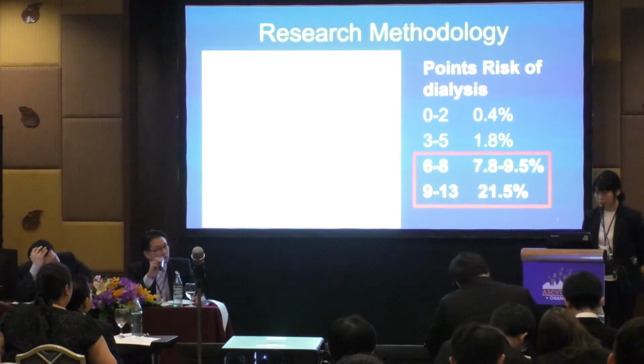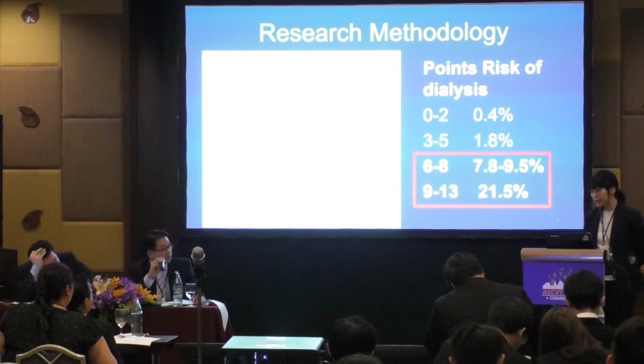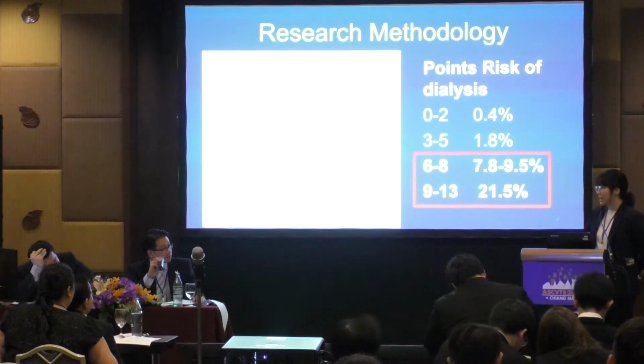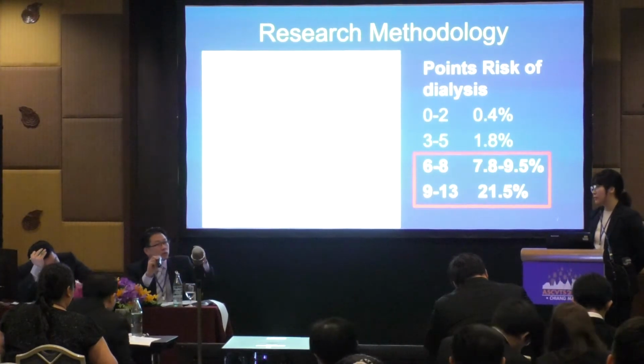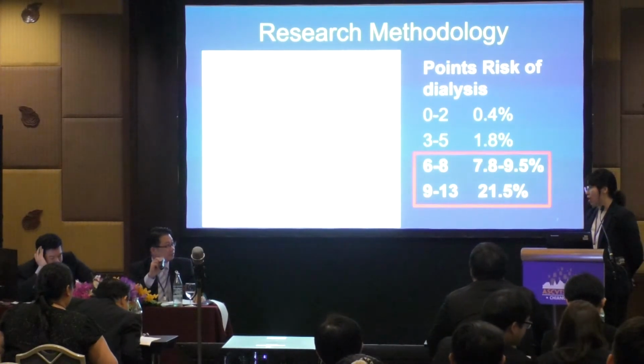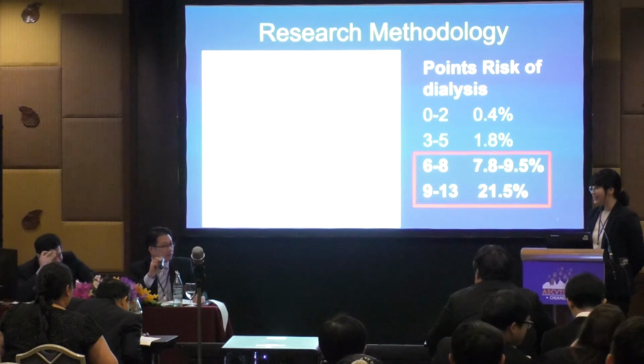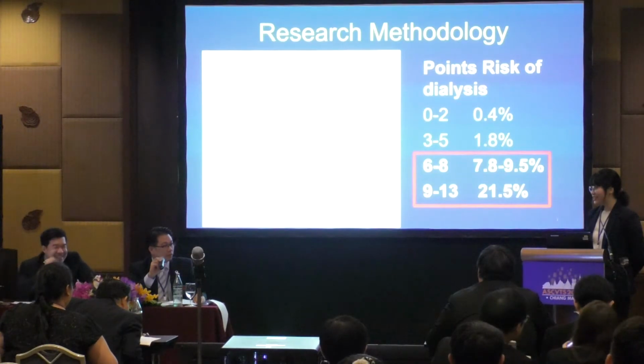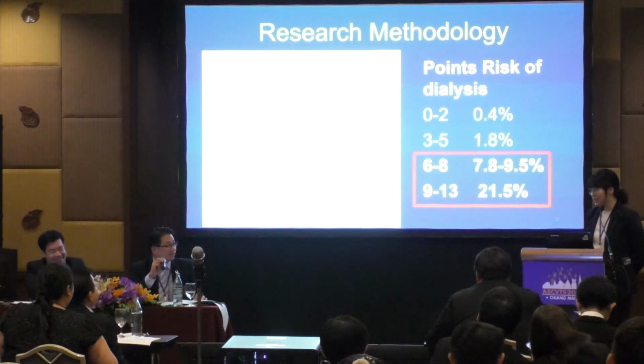Your population is not precise. Yes, this score can predict after all kinds of cardiac surgery, but my study is just about CABG. Yeah, why don't you put it in your heading? Oh, my heading. Your topic. Oh yes, right.